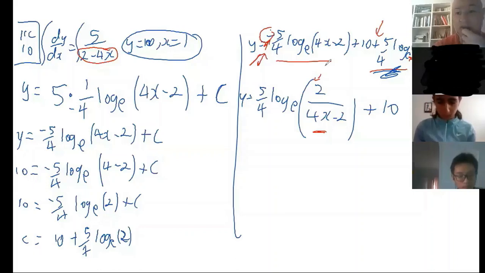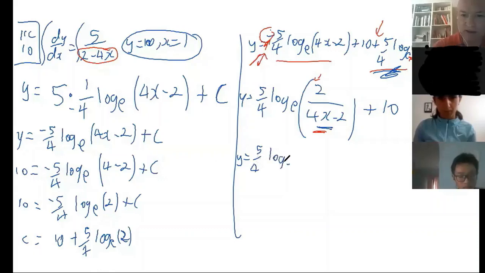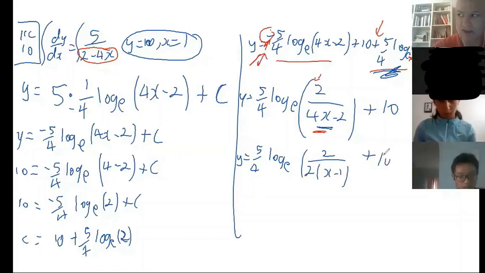Because I'm still going to simplify, because I can simplify in the log e. Everyone's good so far? Okay. So down in this denominator, I'm going to take 2 out as a common factor. So I get y equals 5 on 4 log e of 2, 2x minus 1, plus the 10.